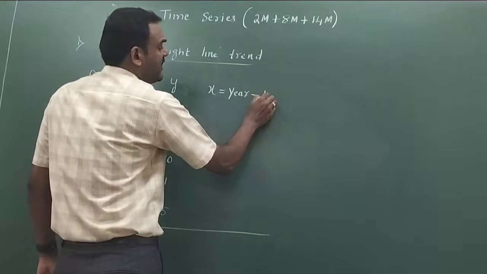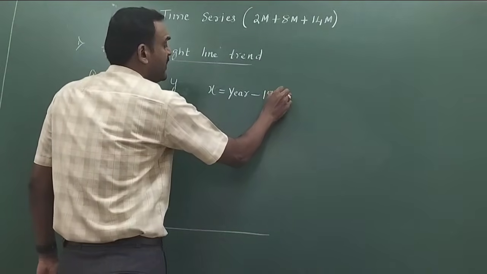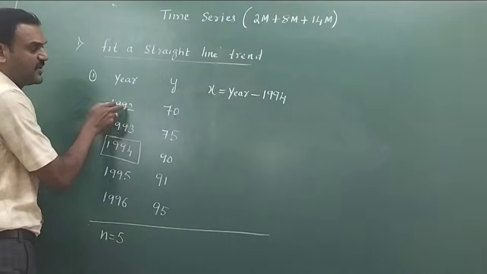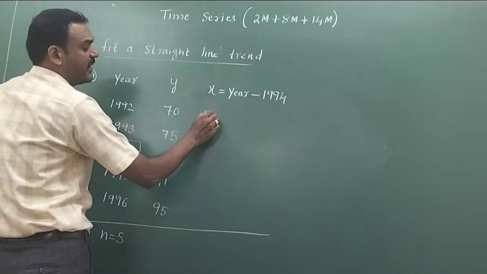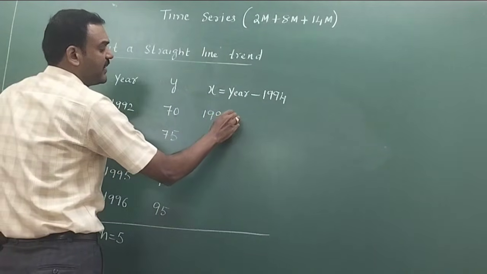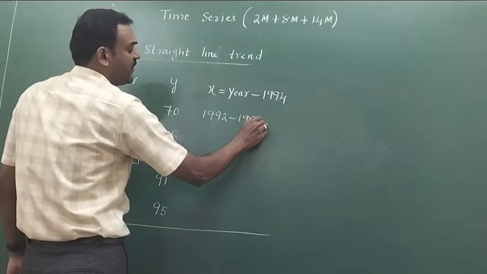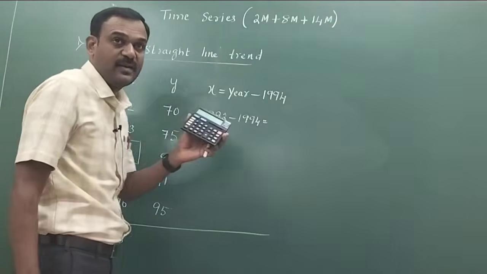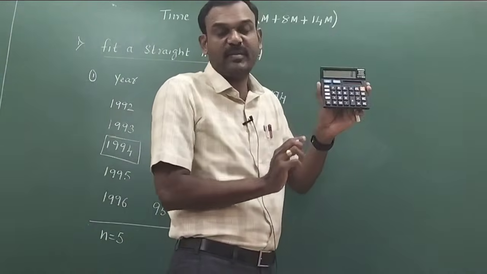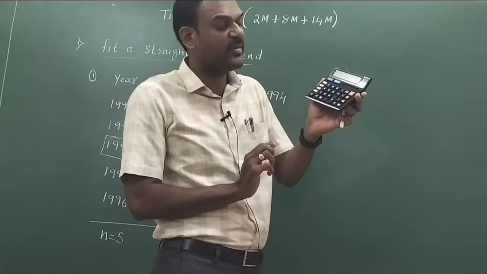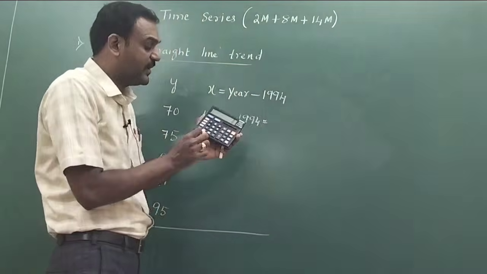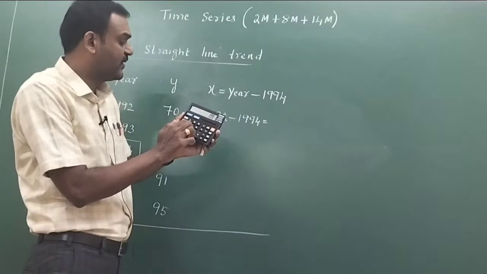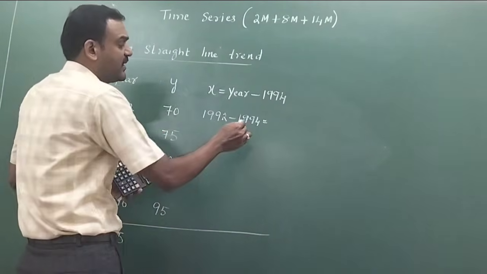Just subtract every year by the middle year, 1994. Start with the first year, 1992. 92 minus 1994 is, use calculators if you want. If you are good in normal calculations, do it directly. 1992 minus 1994 gives minus 2.